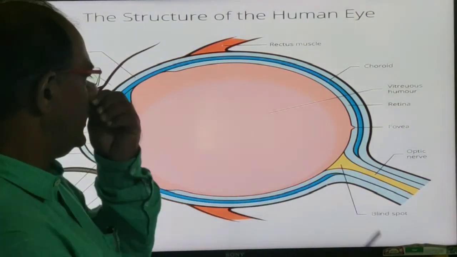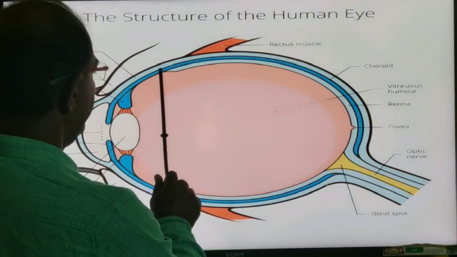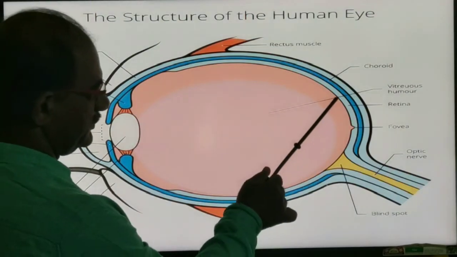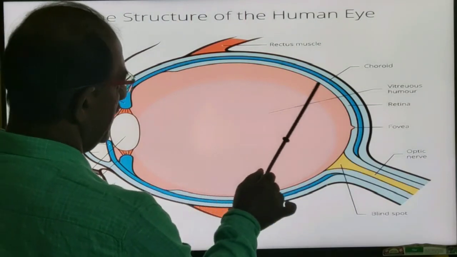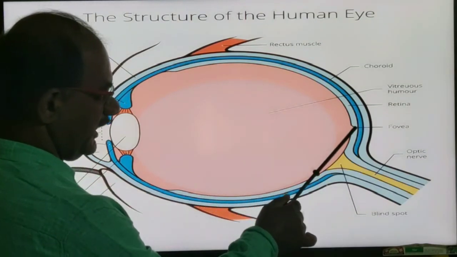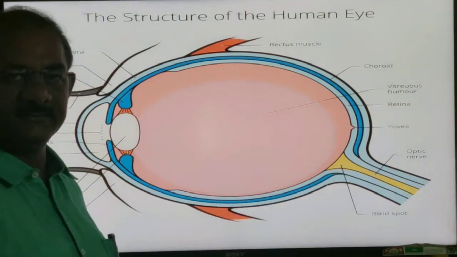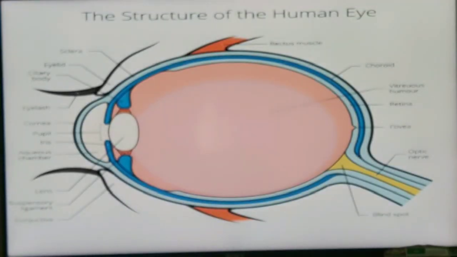Firstly, we have studied the choroid. This choroid, the middle layer, nourishes the retina. The main function is the nourishment of the retina, because the retina is present inside, and its nourishment occurs with the help of the choroid. The choroid is thin, bluish, and contains many blood vessels.